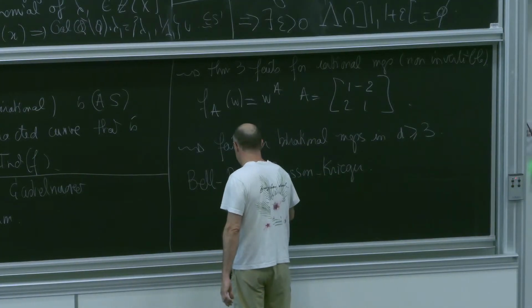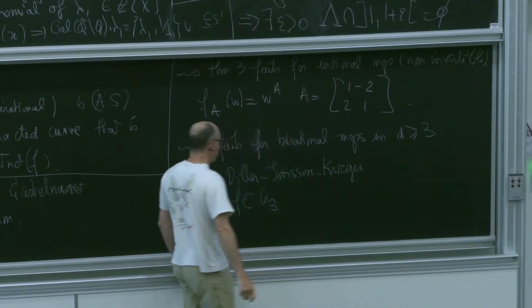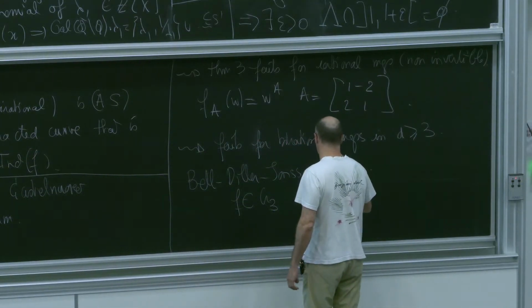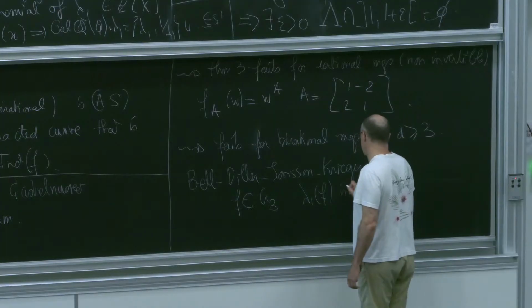And what they did is that they exhibited an element of the Cremona group of dimension 3, such that the dynamical degree is in fact transcendental.